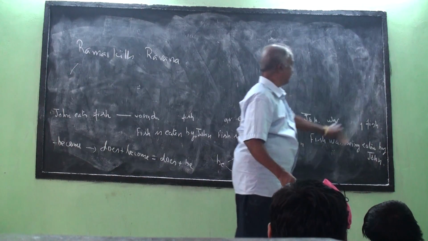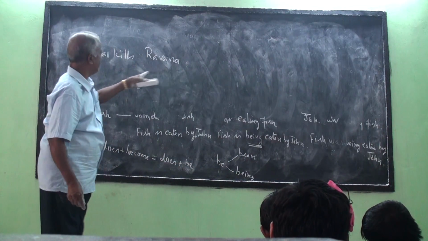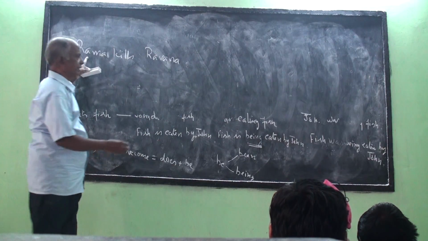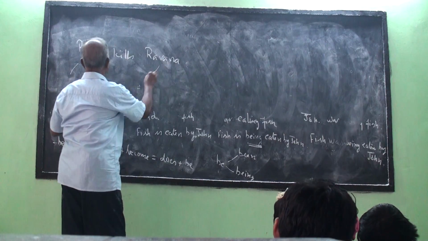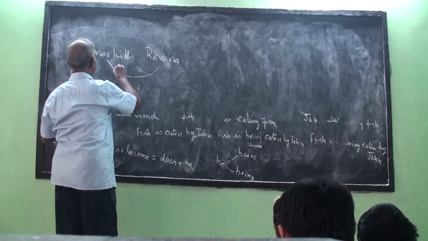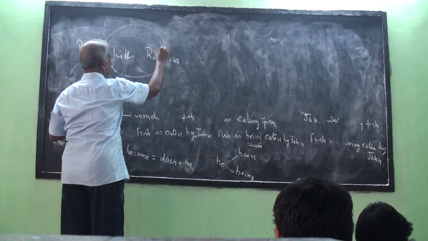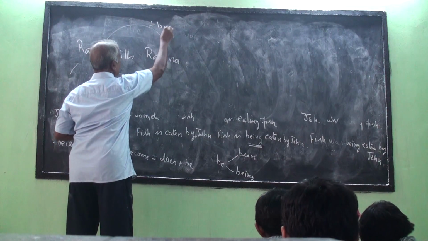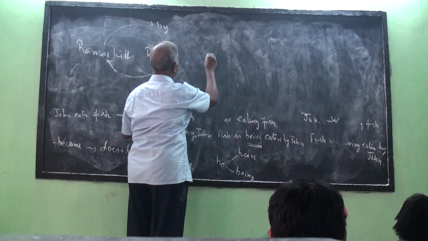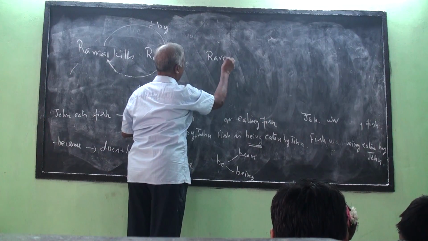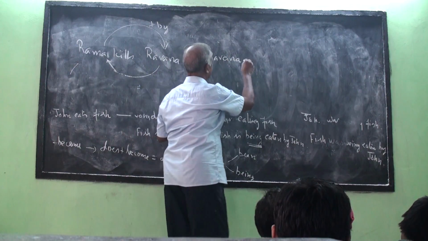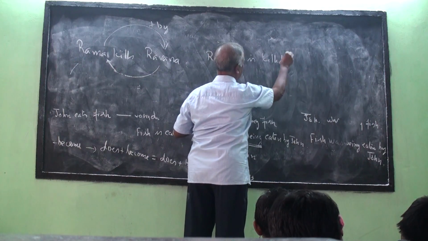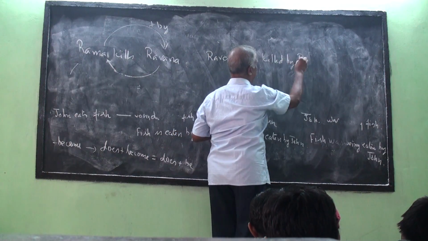The usual standard method is taking this Ravana to the Rama's position. You are taking this to this place, and you are adding by. Ravana is killed by Rama.